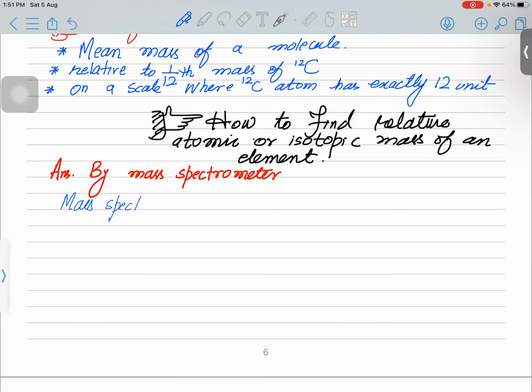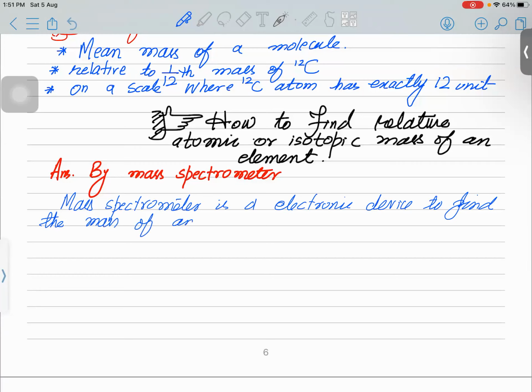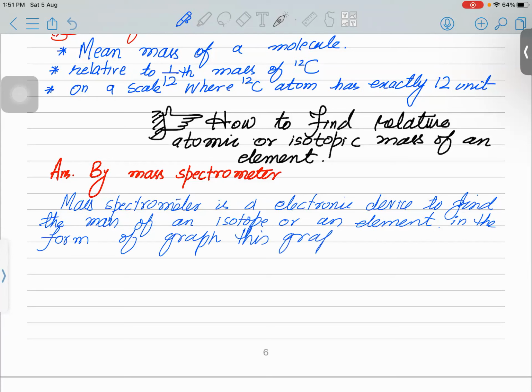A mass spectrometer is an electronic device to find the mass of an isotope or an element in the form of a graph. This graph is called a mass spectrum.